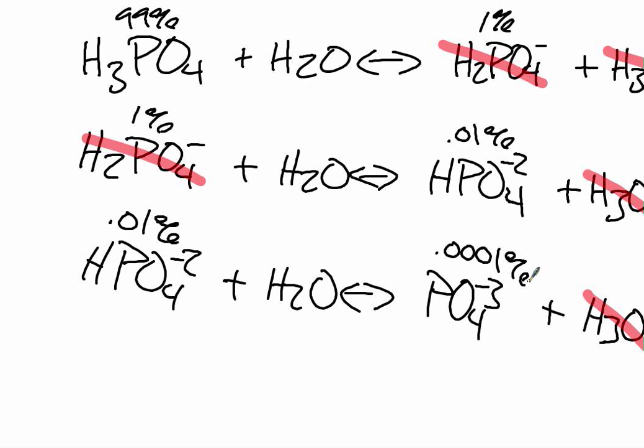So each successive stage produces less hydrogen ion. Does that make sense? And that's what you need to worry about at the end of the day. But you need to see those connections, right? The reason why you make the least amount of hydrogen ion in that last stage is you can only get that hydrogen phosphate by ionizing dihydrogen phosphate.